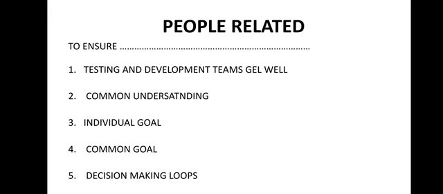If they are doing well, then enhancements will be there, product will be fine. So what can we do? We have to make a proper synchronization between all the teams. We should give them a common understanding as well as an individual goal and a common goal, and all these things should be synchronized.